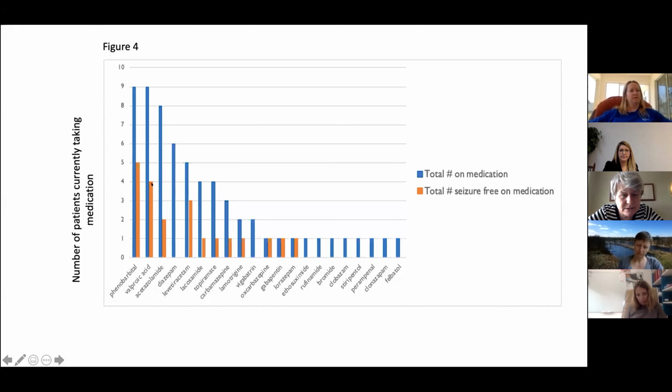This seems to suggest that possibly these would be good medications to try in your patient if they are not currently seizure-free. Though this is obviously not assurance of that. Since some of the kids, as you can see, 4 of the 9 on phenobarbital were still having seizures. But again, with these small numbers, it's hard to know.